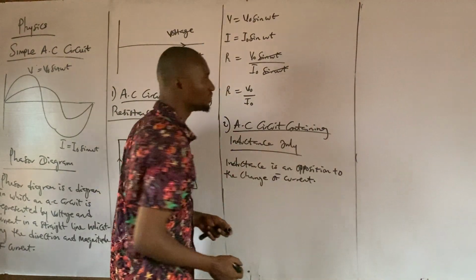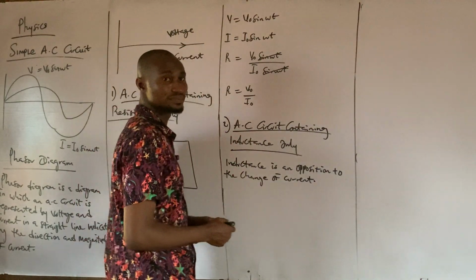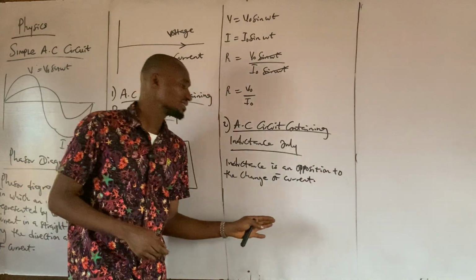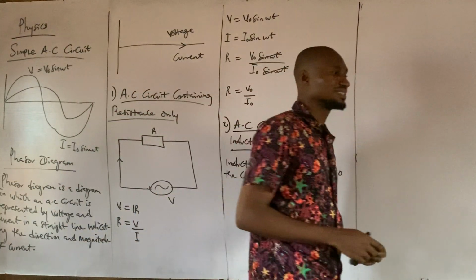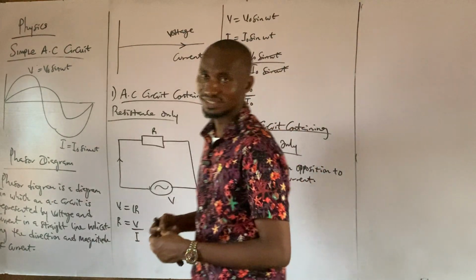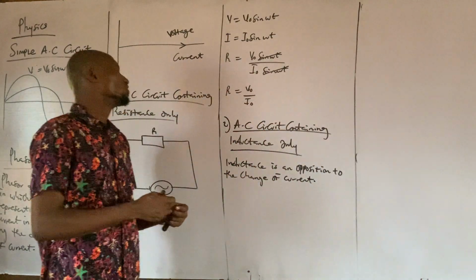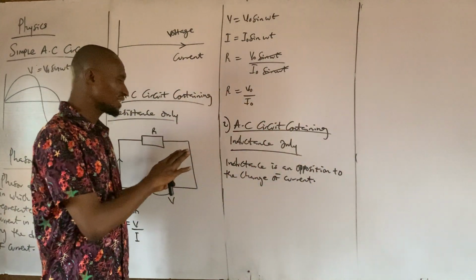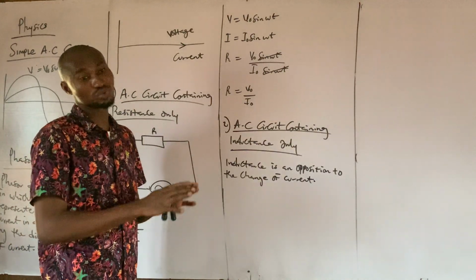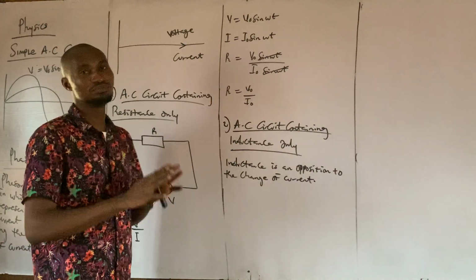So in an AC circuit, inductance affects the continuous changes of current. Now, what I want us to learn here is the diagram, because that is what will lead us to problem solving.